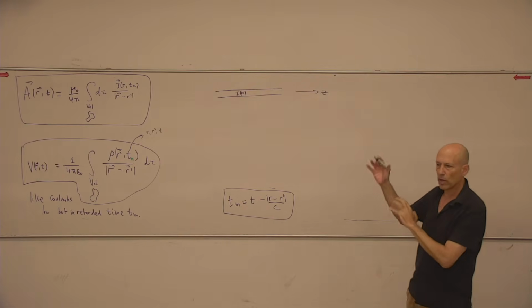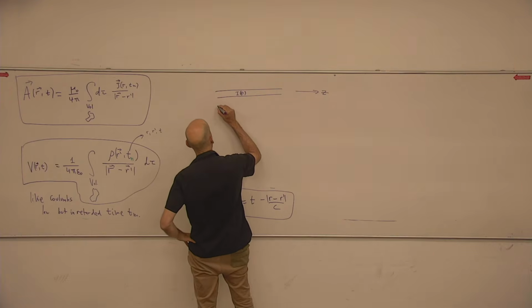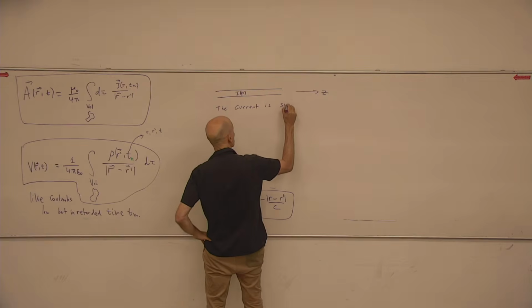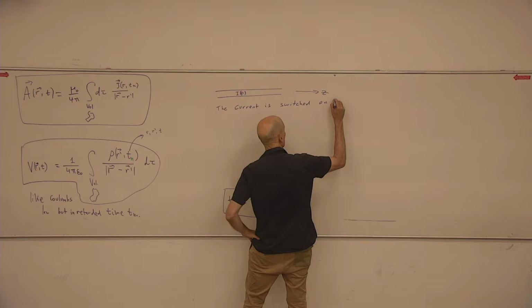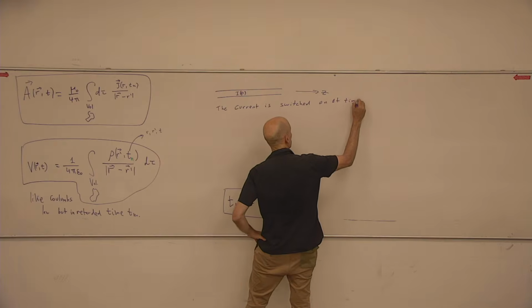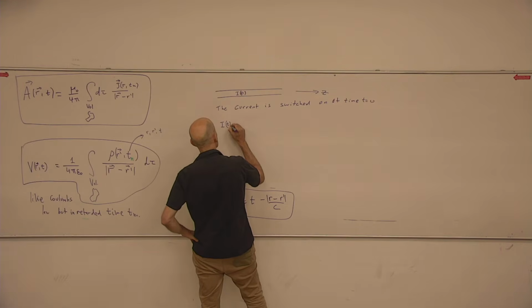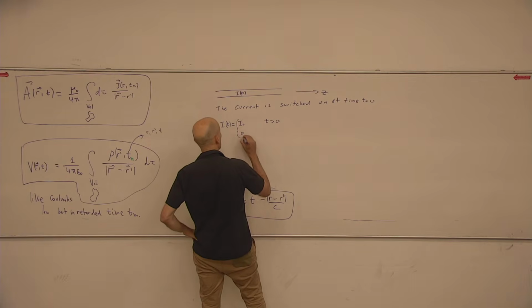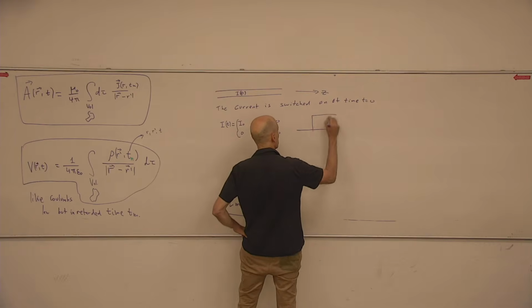We don't have J, we'll have I. And this I is switched on at time t equals 0. So I of t is going to be a constant for t greater than 0 and 0 for t less than 0. So it's a step function.